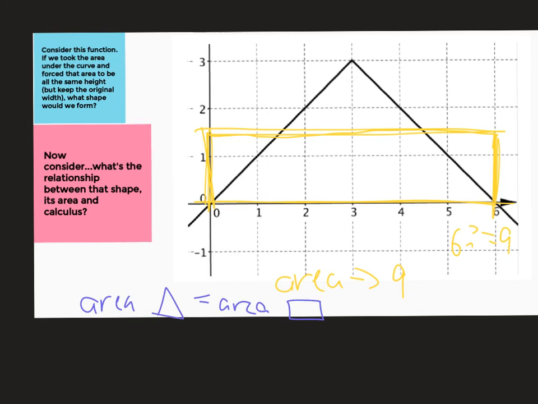And the height of this has got to have something to do with the average of these values. So if I take all these y values, this height here has to do with an average. It's making me think of some of the stuff we've done in previous courses.